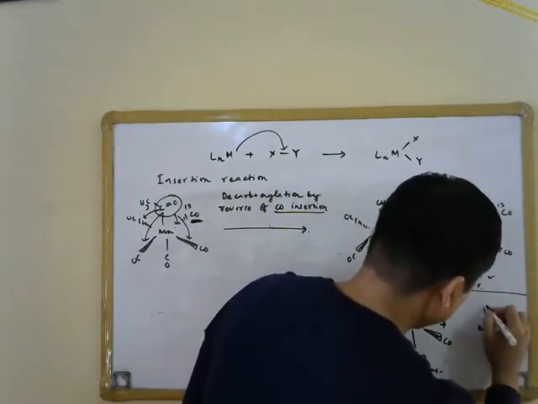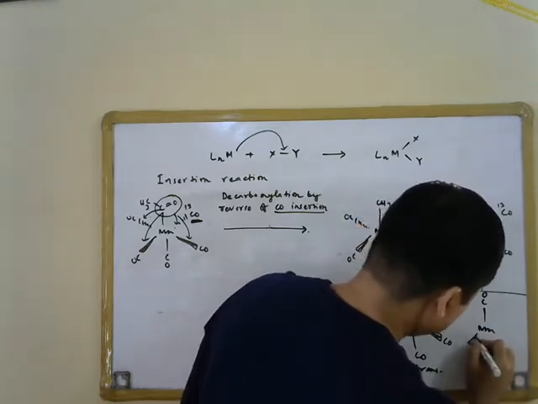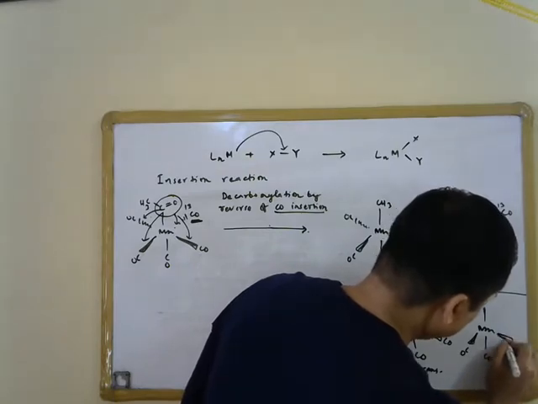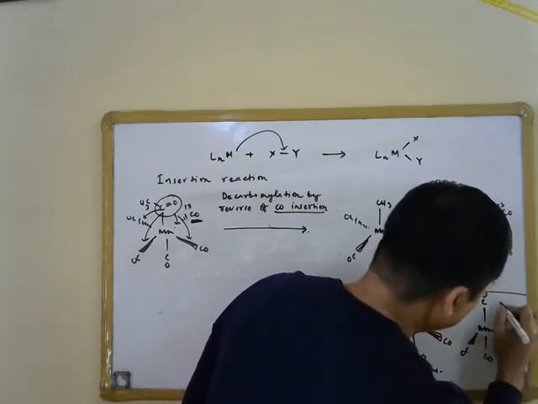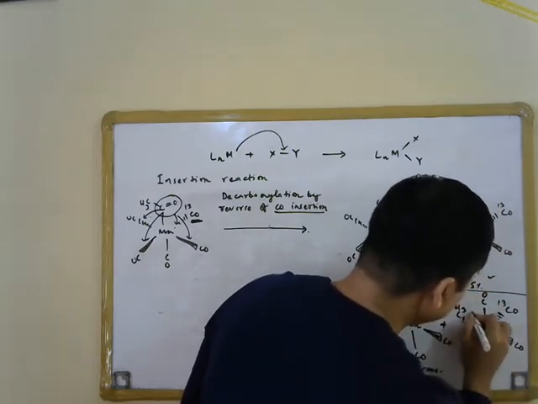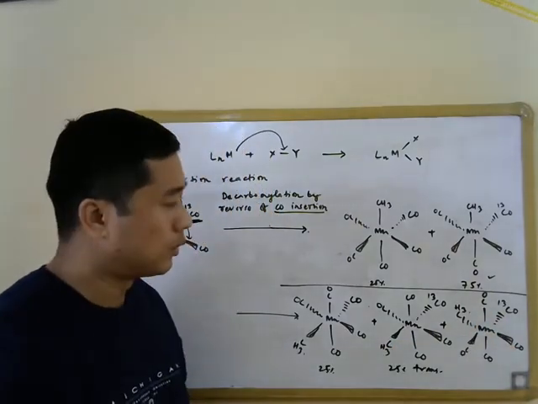And then finally we have another 50% component where the methyl group is cis to the tagged 13CO group over here.